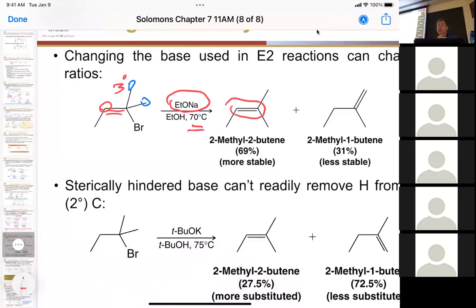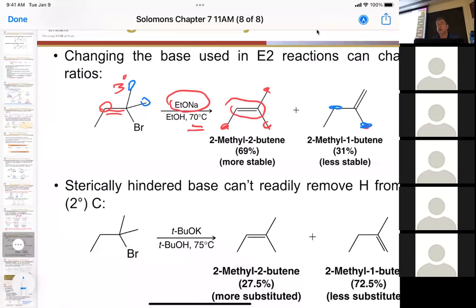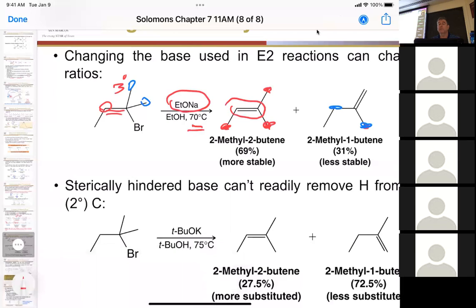So why is that giving you more substitution? 1, 2, 3 substitutions. This one only has 1, 2 carbons on its double bond. So it's less substituted, less stable. Does that make sense? So you can get both products, but your major product is always going to be your more substituted product.